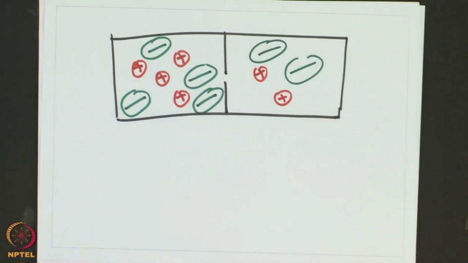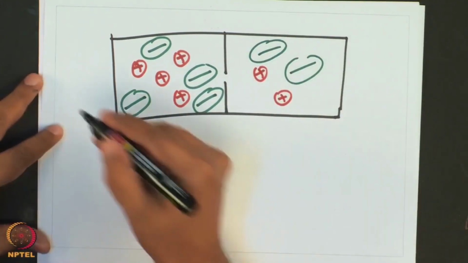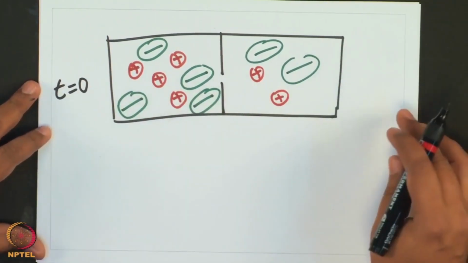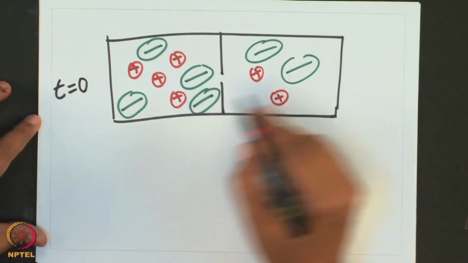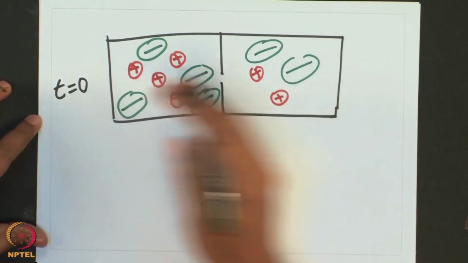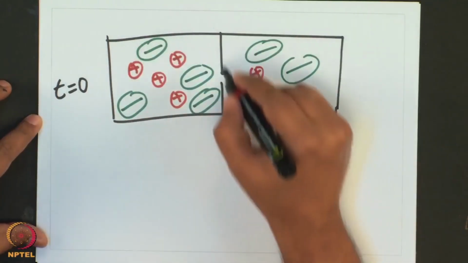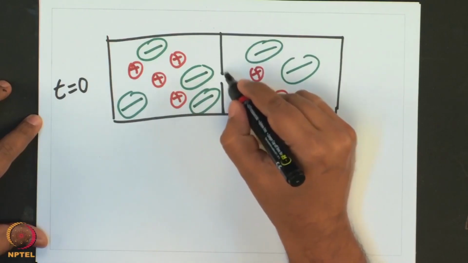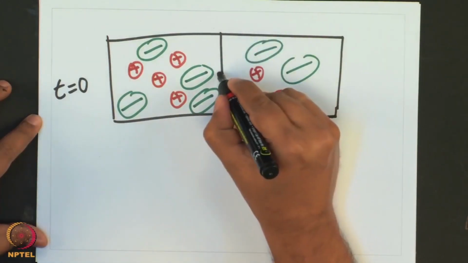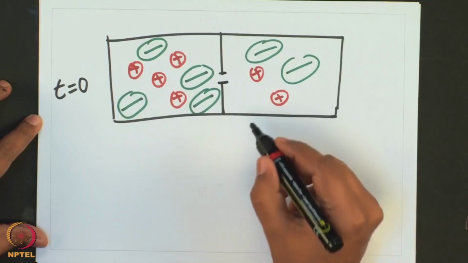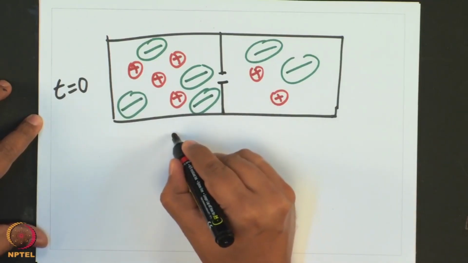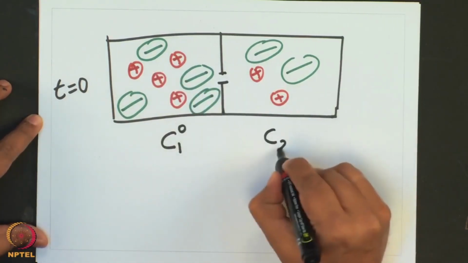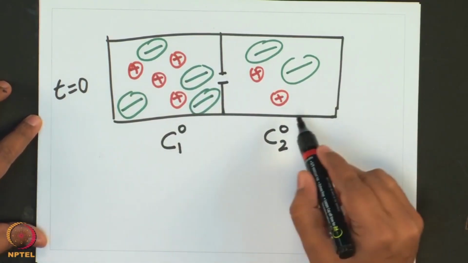Just to clarify, this is at time t equal to 0. You have this box separated by a small membrane, like a channel. Let C10 be the concentration in the first part and C20 be the concentration in the second part.